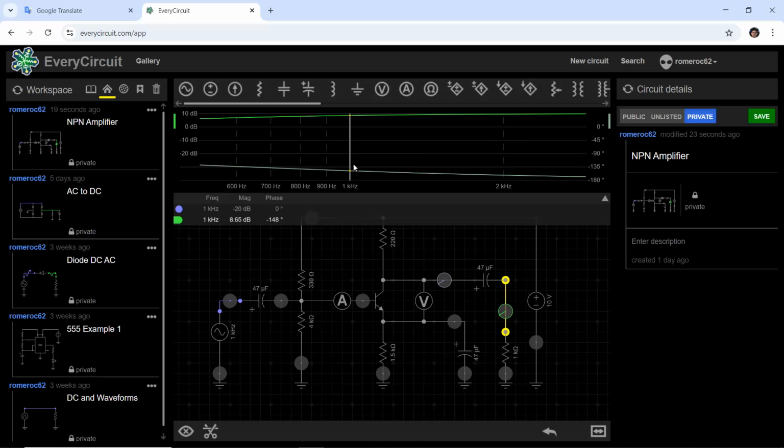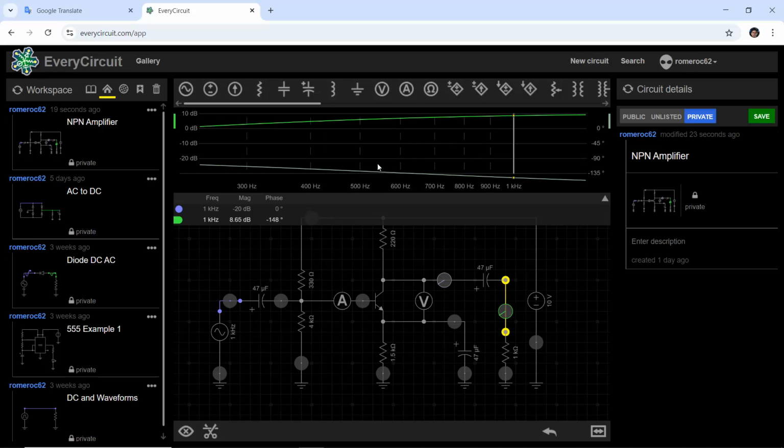I'm using 1 kilohertz. Up here the gain is 8 decibels, but the phase is minus 148. On the left the gain in decibels, on the right the phase.